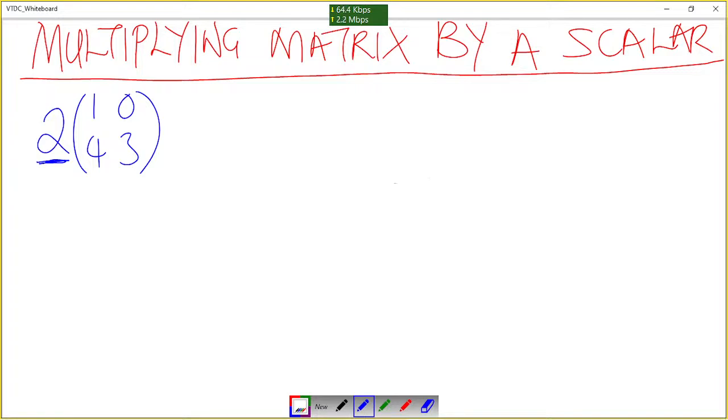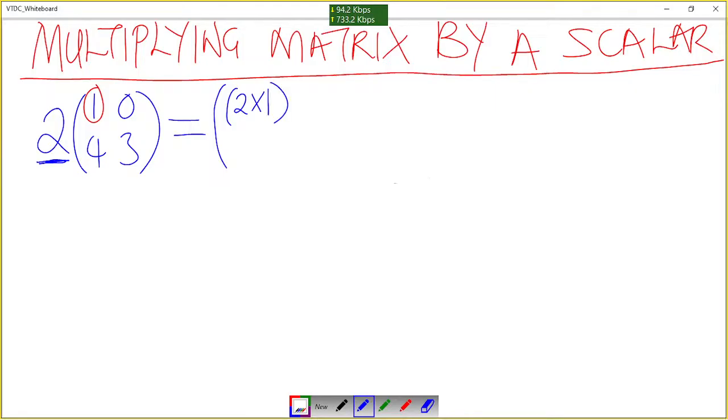When you are asked to multiply a matrix like that, you open a bracket, then you start multiplying every element in the matrix by 2, which is a scalar. So when we open a small bracket in the matrix, we write 2 times 1, close bracket.